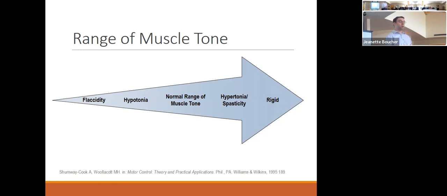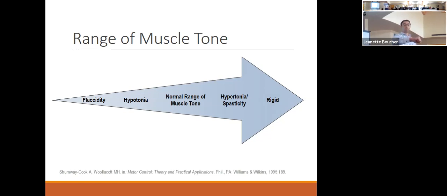When we talk about tone, muscle tone, again, I think of it as a spectrum. And so on one end, you have flaccidity. On the opposite end, you can have rigidity or even contracture. Contracture is when our muscles have gotten so tight and that spasticity has been so unrelenting over time that we actually lose the ability to range the affected joint.